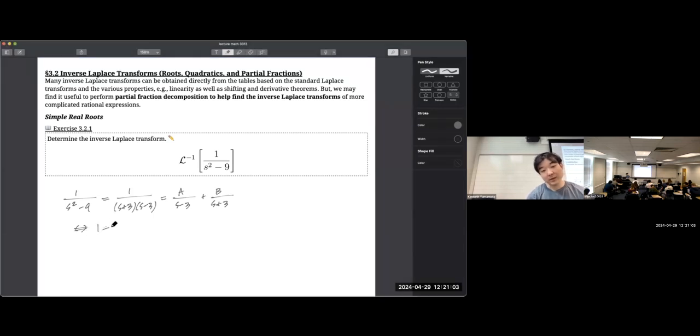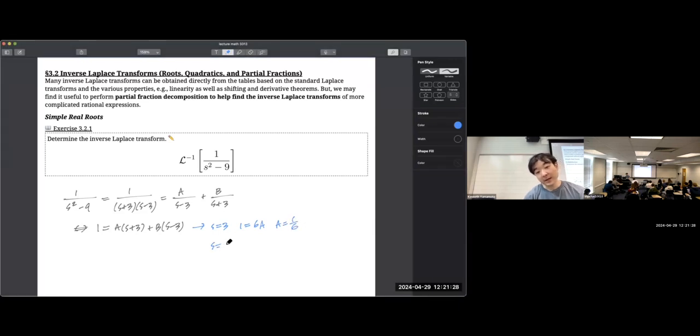You'll just say 1 is equal to A(s plus 3) plus B(s minus 3). And of course, if you plug in s equal to 3, you can eliminate the B. If you eliminate the B, you just get 1 equals 6A, so A is equal to 1 over 6.